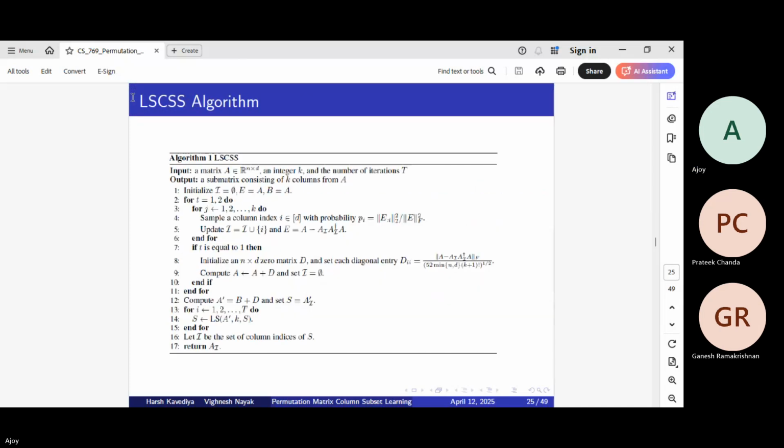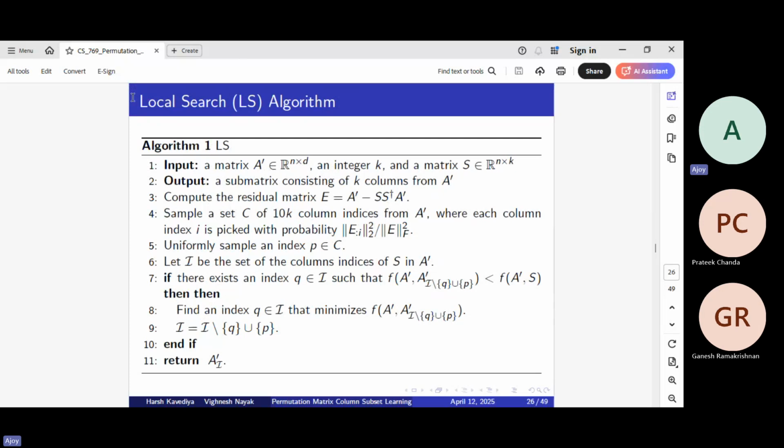So they have proposed two algorithms here. One is a local search column selection algorithm, and this is the second algorithm. This is the core foundation of our project proposal.